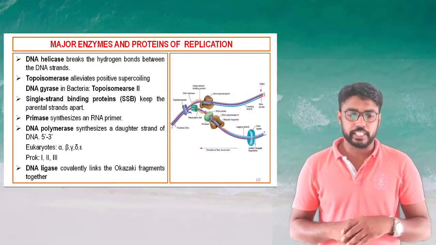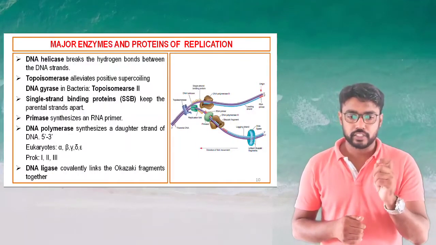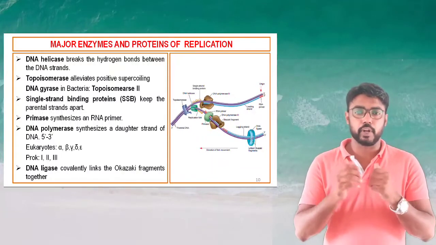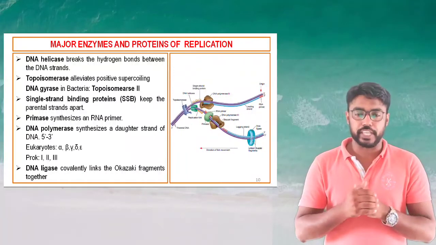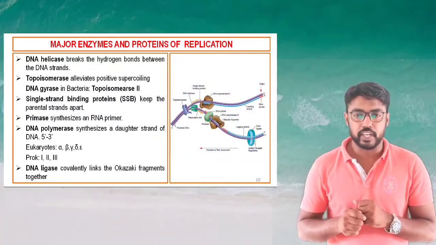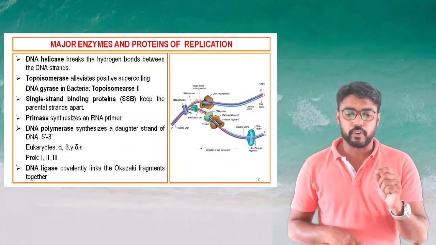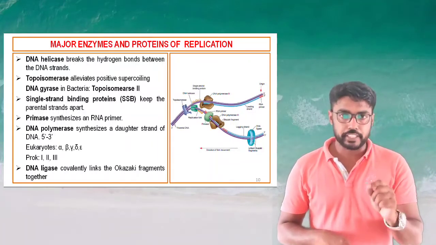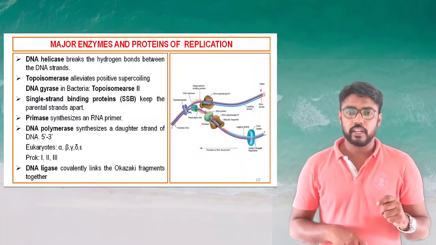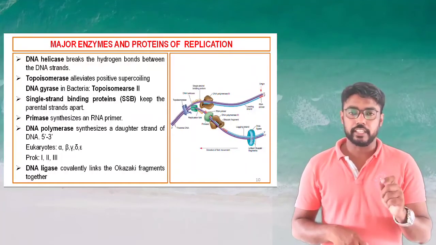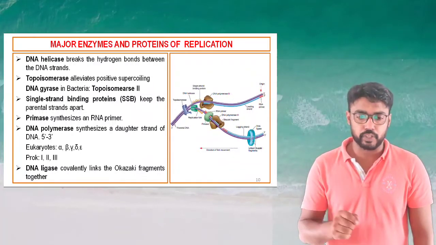Another one is DNA polymerase. DNA polymerase is an enzyme that synthesizes the daughter strand of DNA in the 5' to 3' direction. In eukaryotes, there are mainly five types of polymerases: alpha, beta, gamma, delta, epsilon.